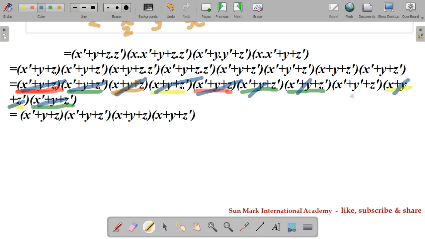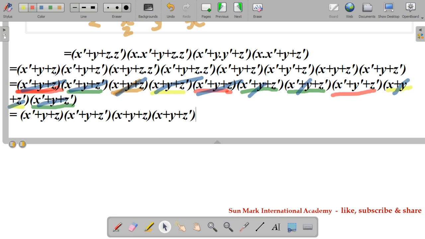Which one is remaining here? The remaining is x dash plus y dash plus z dash. Is there any other equivalent term? No. So we can write the same, x dash plus y dash plus z dash.